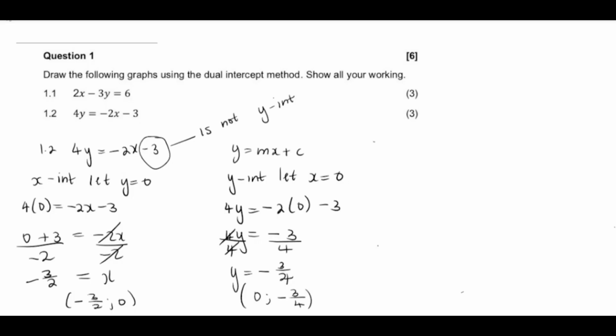Now let's go and sketch our graph. This is our x-axis and our y-axis. Let's plot our first point, negative 3 over 2, which is negative 1.5. Sits somewhere here.